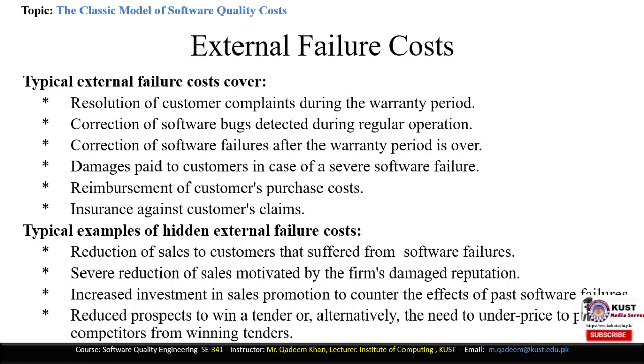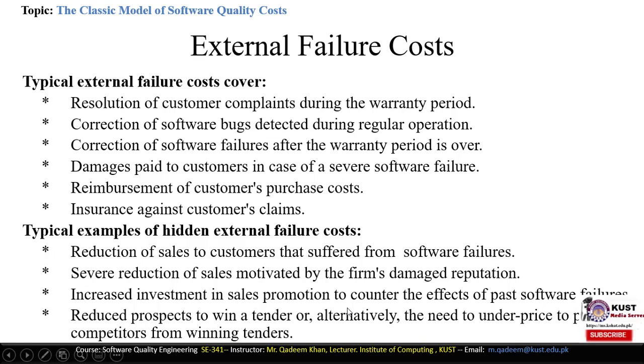Now, there are certain examples of hidden external failure costs. They include reduction of sales to customers that suffered from software failures, meaning the sales will be reduced due to the failure of the software. Similarly, severe reduction of sales motivated by the firm's damaged reputation. If the reputation of the development organization is degraded, then the sales of the software will be reduced. Similarly, increased investment in sales promotion to counter the effect of past software failures.